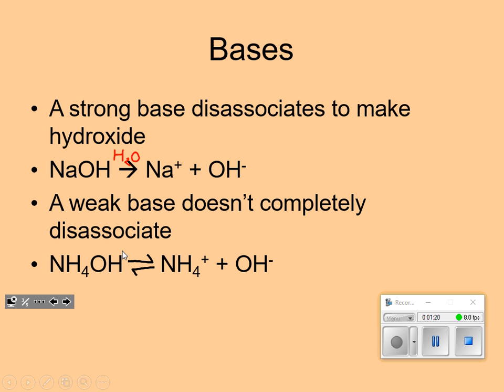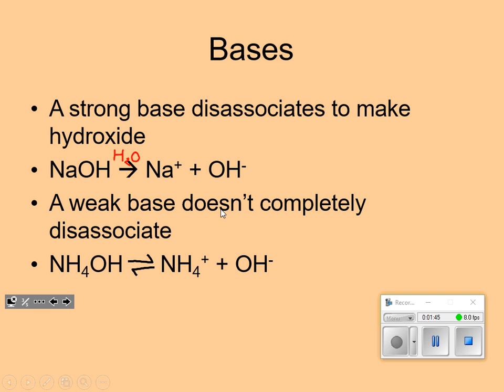Bases, same sort of thing. Sodium hydroxide is a strong base. When placed in water, since it's an ionic compound, it breaks up into its ions completely. Therefore, when we go back to the pH calculations that we did last class, if you know the concentration of sodium hydroxide, you know the concentration of just the hydroxide.